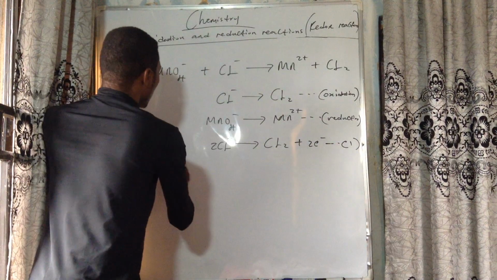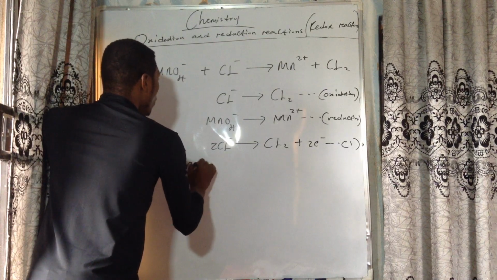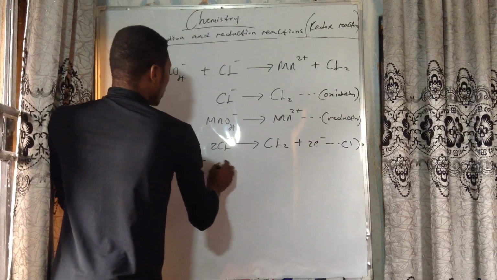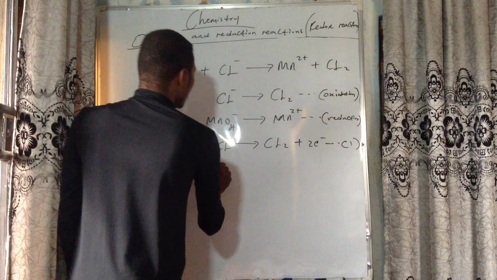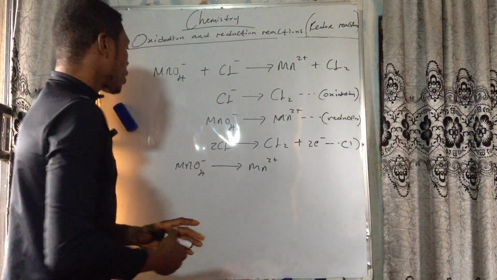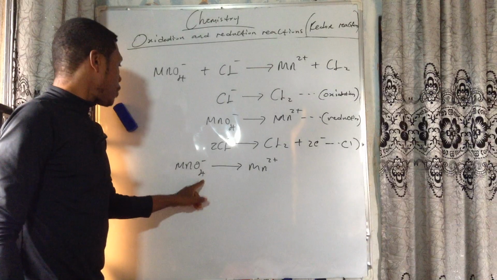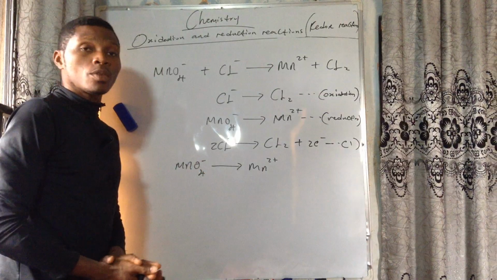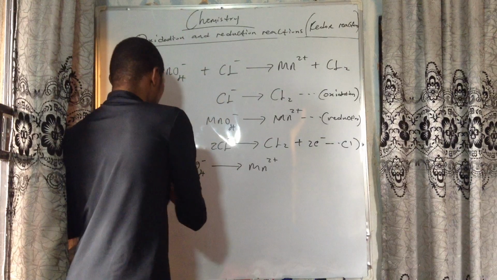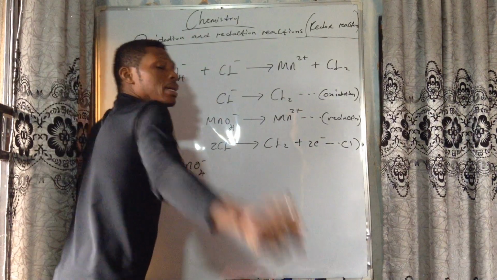Now, let us balance this one. Let me write MnO4 minus, giving you Mn2 plus. Now, what will you do here? Watch. There are 4 oxygen atoms here. What happened to them? In this case, you introduce H plus ion.